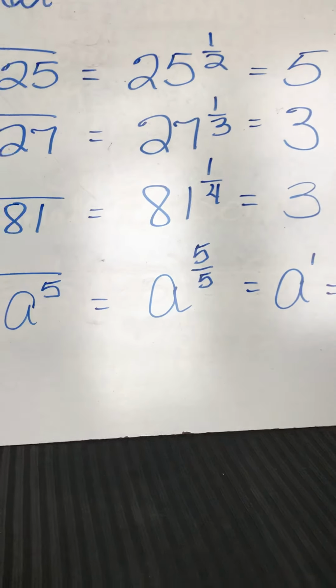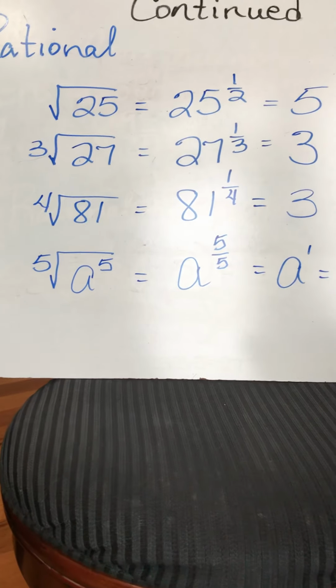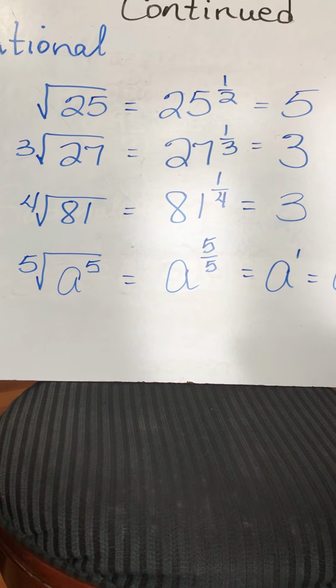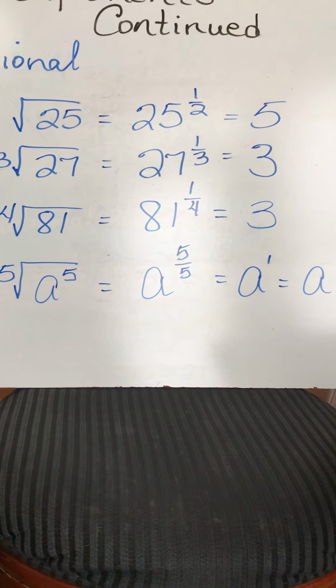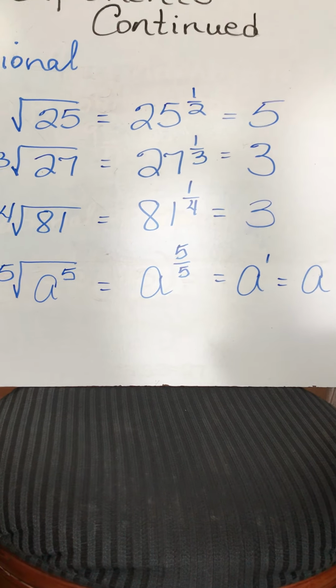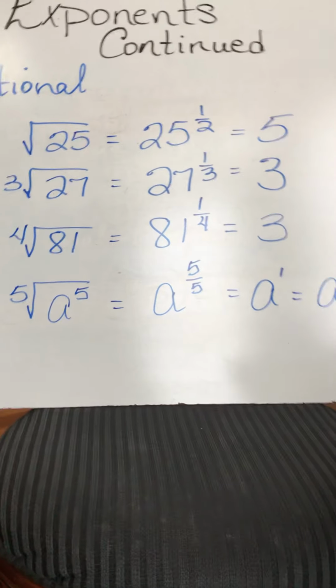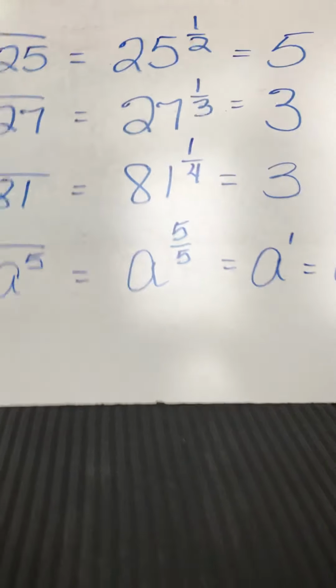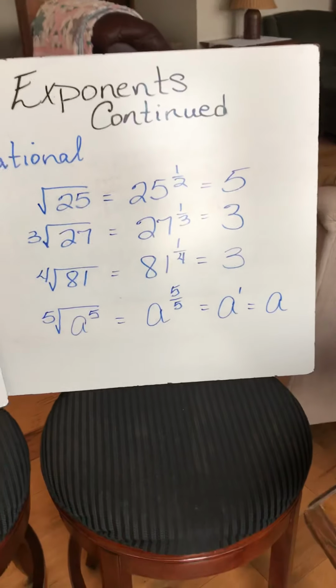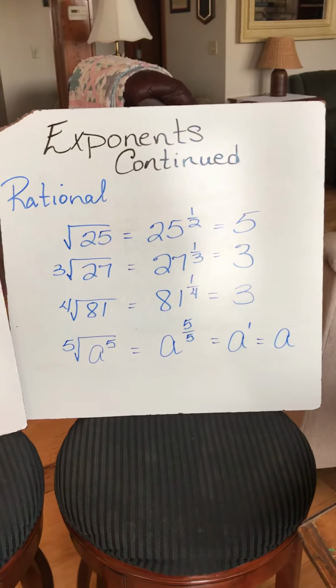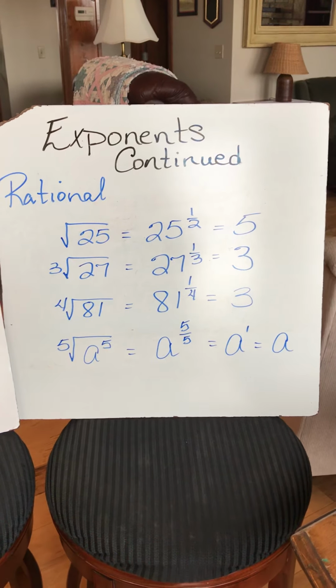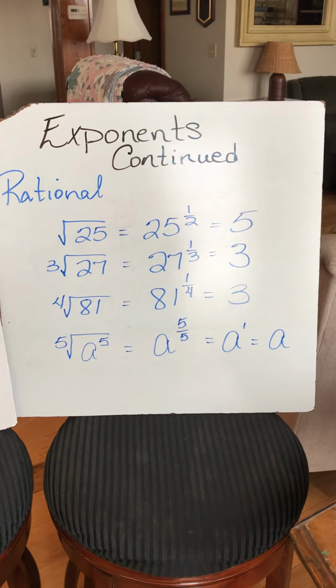So what does 5/5 reduce to? 5/5 reduces to 1, which would just be equal to a to the 1. And the 1 is not needed, so that would simplify to just a. So I wrote those down thinking that might be good for us to go over, just as a review.